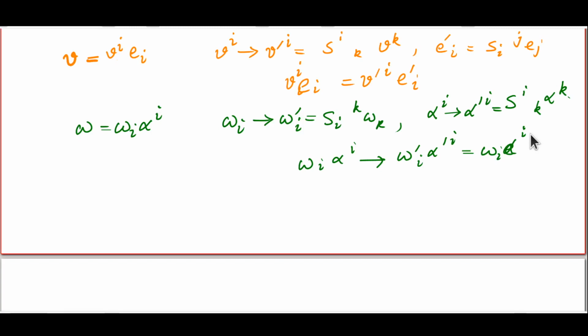This should not come as much of a surprise at all. But now that we have these results, it should be very easy to figure out how to define components for a general p, q tensor, and on top of that, it should also be very easy to figure out how these components transform. Let us see how this goes about.